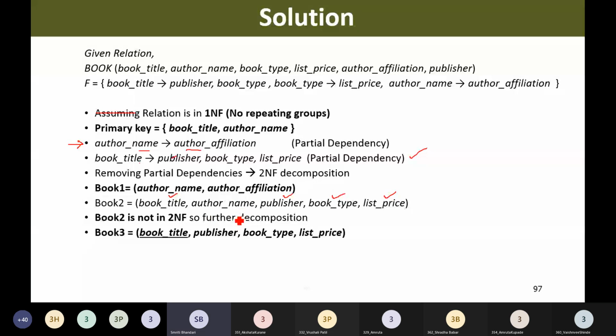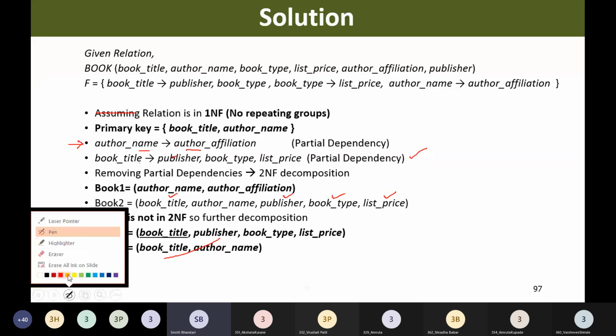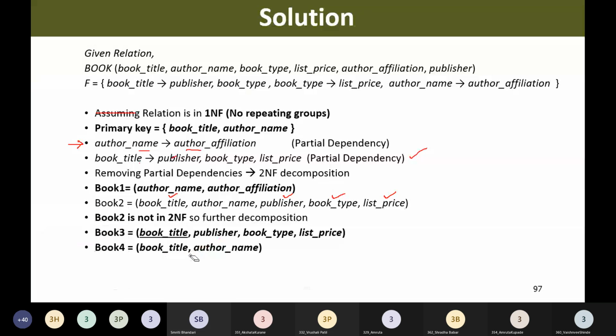Author name remains. Correct? So I need to come up with one more relation wherein I will have author name, the primary key of book 3, and the remaining attribute. In other words, there is no primary key available, so we should come up with one more relation having that primary key.